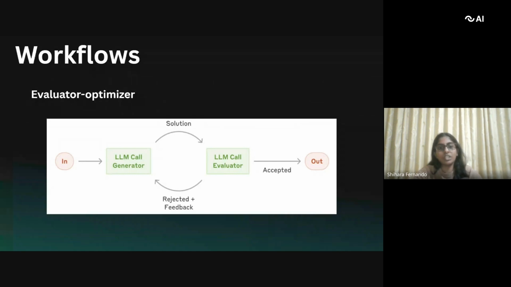So again, the LLM call generator analyzes the rejected solution and also the feedback, and generates another output. So likewise, it iterates until a perfect acceptable output comes, and then it generates the output. So that's about the workflows I have included.